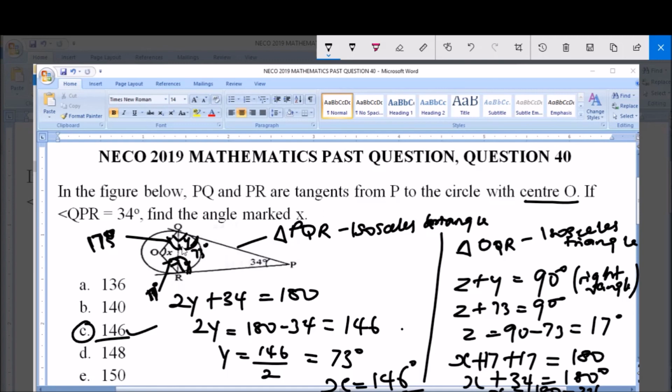So with that, we are able to get angle z to be 17 degrees, because 90 minus 73 gives us 17 degrees. And this triangle here too is an isosceles triangle, because both sides of this angle are equal. And so with that, since we got this angle to be 17 degrees, likewise this angle too will be 17 degrees. And like we know, the sum of angles in a triangle is 180. So adding 17 plus 17 degrees to give us 34 degrees, we subtracted it from 180 to get angle X, and so angle X was equal to 146 degrees, and that is option C.